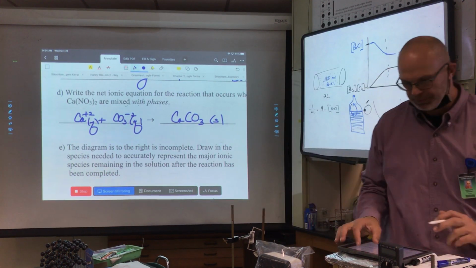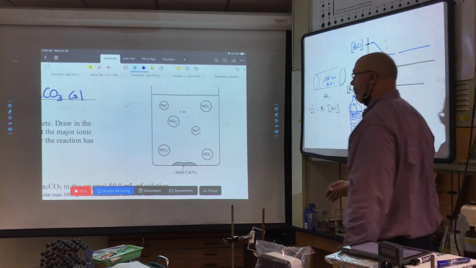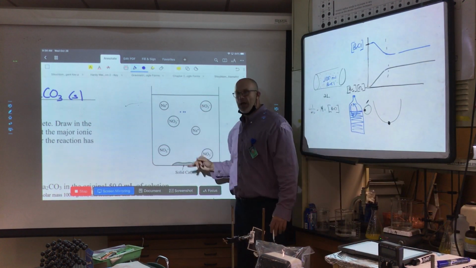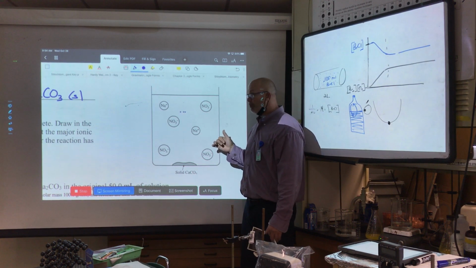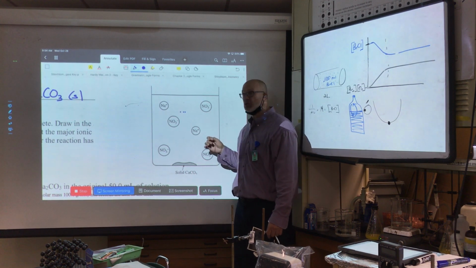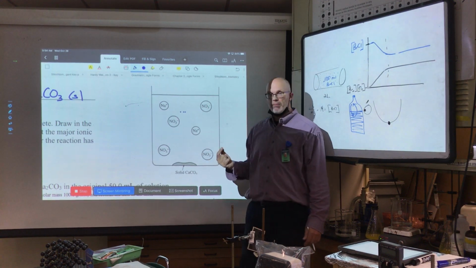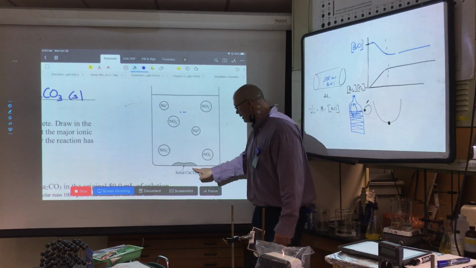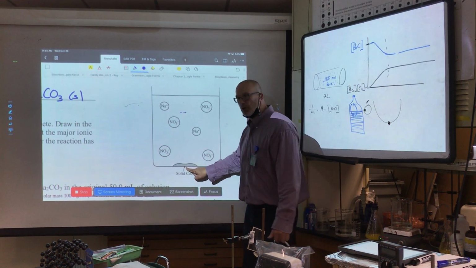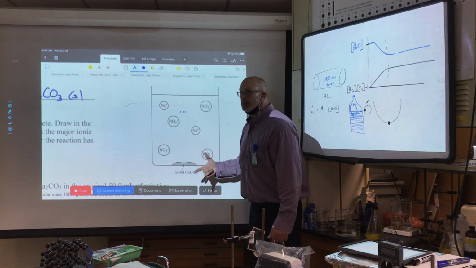Okay, almost done. Now, this is an actual AP problem. Based on what I just said, we added excess calcium nitrate to precipitate out all the carbonate from the sodium carbonate. Is this an appropriate diagram? Is there something missing? And if there is, what should you draw? There's a solid calcium carbonate. That's the ionic crystal of calcium plus 2, CO3 negative 2, calcium plus 2.